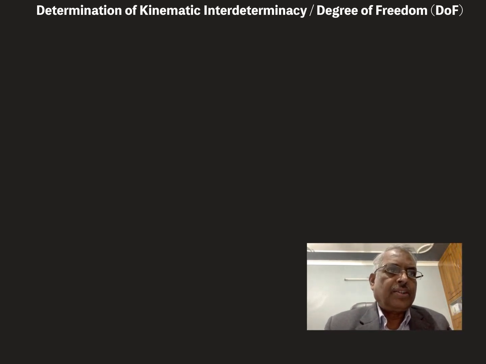Now I am going to discuss kinematic indeterminacy or degree of freedom, and how to find out these unknowns. Kinematic indeterminacy is calculated to find the number of unknown joint displacements, also called degrees of freedom, needed to define a structure's deformed shape, which is crucial for analyzing indeterminate structures, especially with the stiffness displacement method, ensuring the stability and determining how forces distribute.